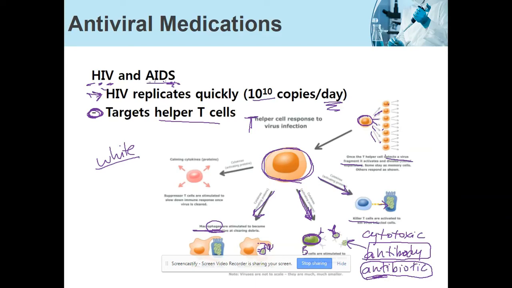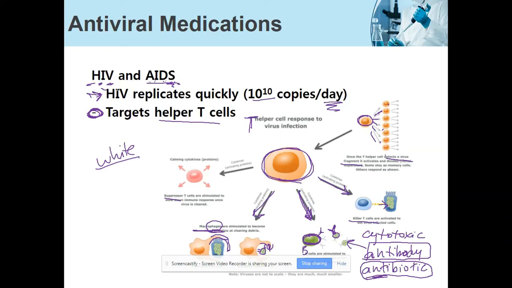The macrophage will eat up that virus, or gobble up, digest, and kill the cells that are infected with the viruses. So these macrophages basically eat the stuff that's making us sick, digest it, take it apart so it can't make us sick anymore. Helper T cells also tell us when we're not sick anymore. And so these suppressor T cells will then tell things, quiet down, we're fine, the virus is gone.